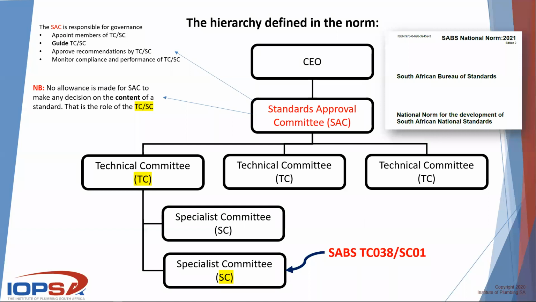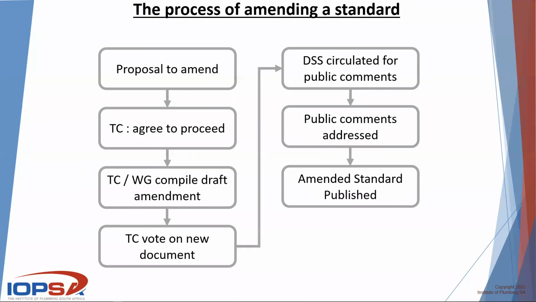They may intervene if they see that something is wrong, but they may not decide what the requirement should be. They're not authorized to do that. If they find something wrong, they can point to the TC and say, this is what's wrong. And then the TC must go through the full process to rectify that or to make another proposal.